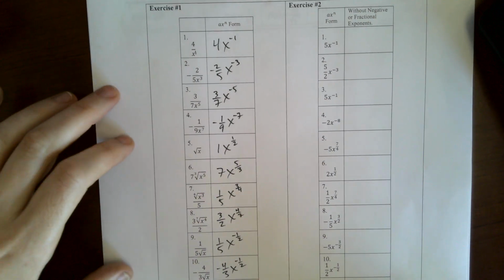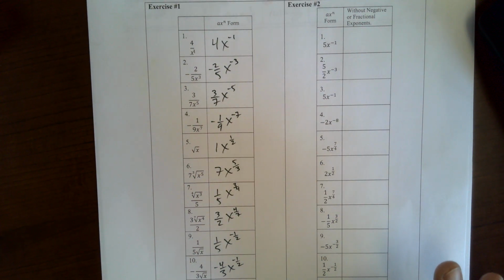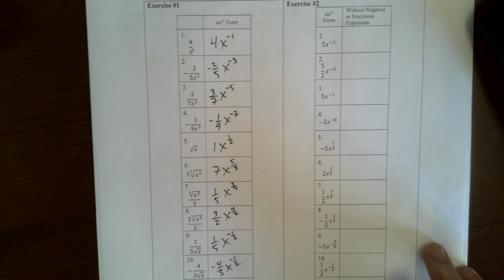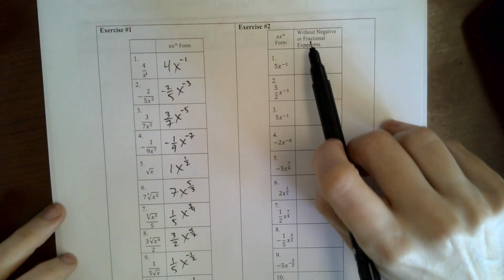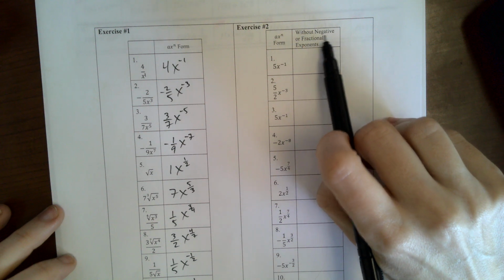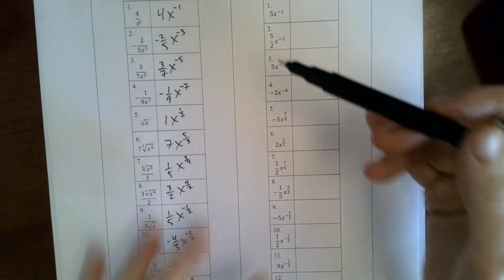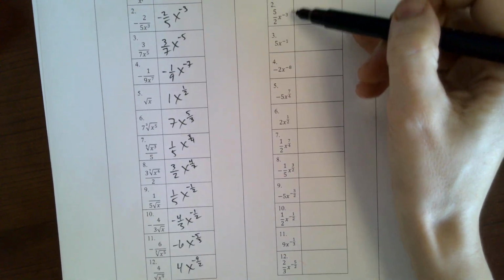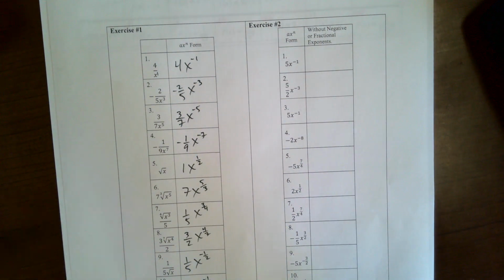Okay, now after using the rule, oftentimes, especially in Delta Math, they will want you to convert back from ax to the n form to having a term without negative or fractional exponents. So in this set of exercises, I'm giving you a term in ax to the n form, and we're going to convert it to a term without negative or fractional exponents.